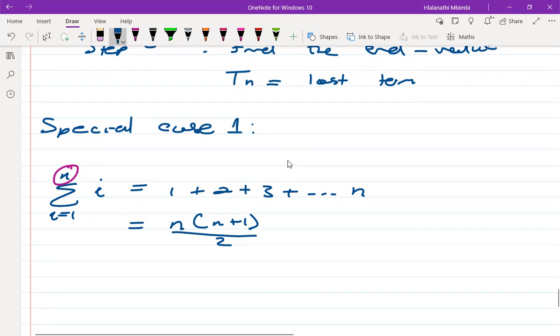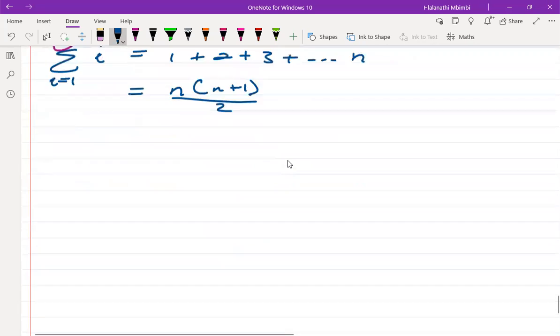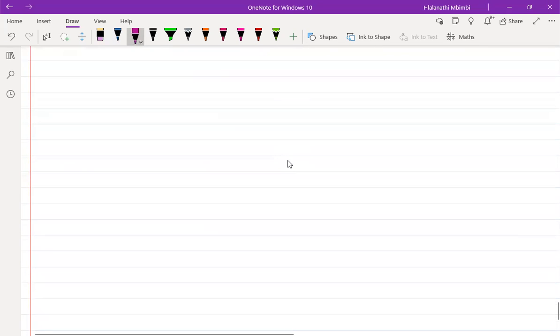Now, there are a lot of problems I can give you to look at here. They could have been examples, but I don't really have time to actually do them.